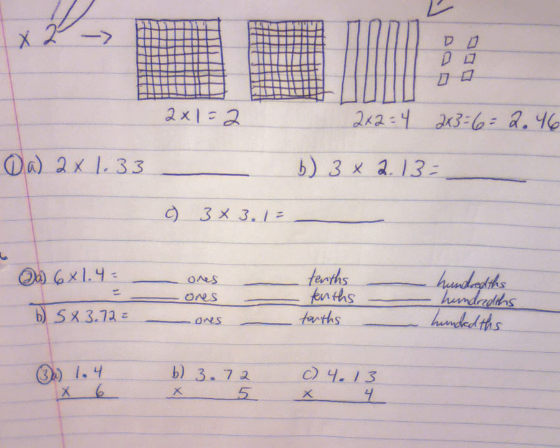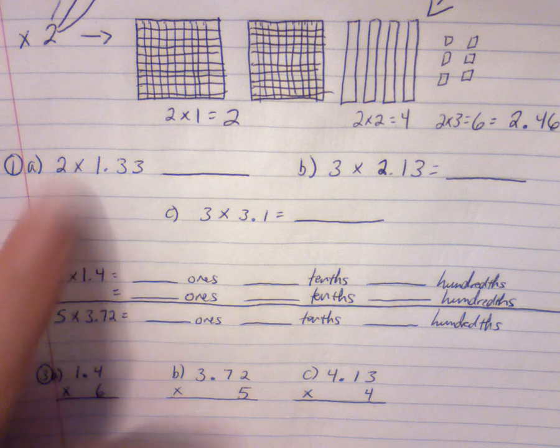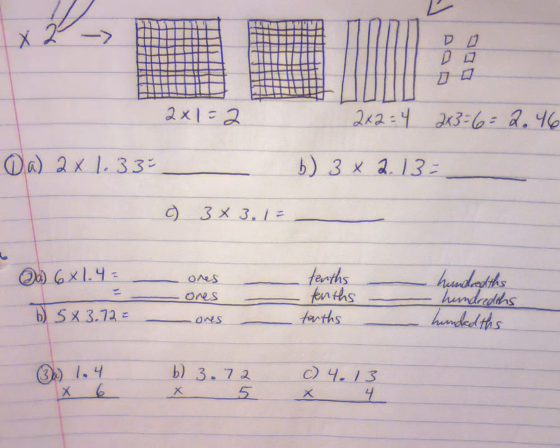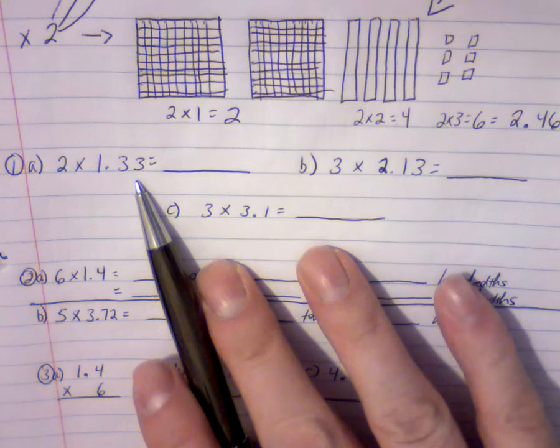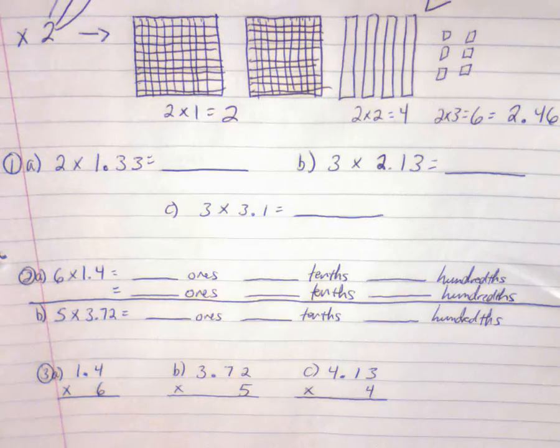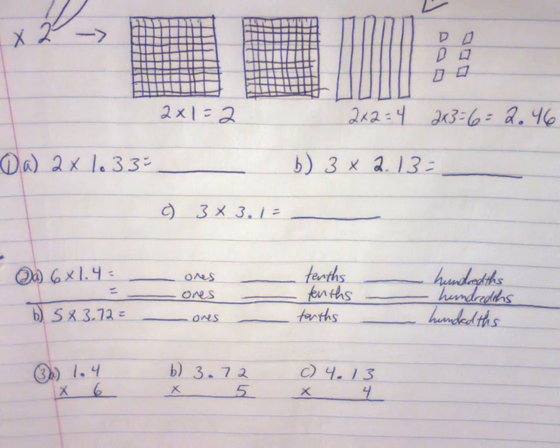We're going to find the product. The product is simply multiplication. When I ask what the product is, I want you to multiply. We're going to take this simple equation, 2 times 1.33, and multiply in our heads.